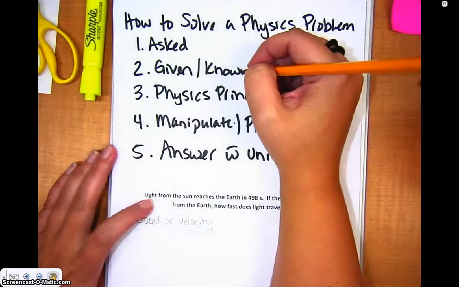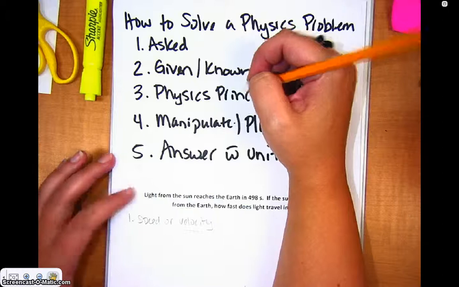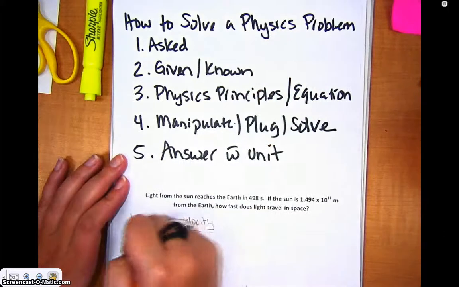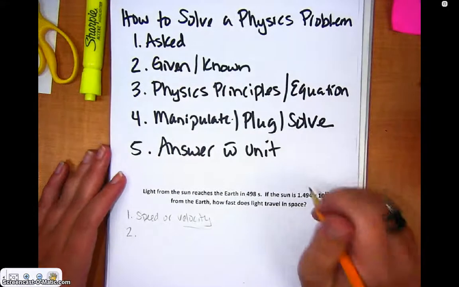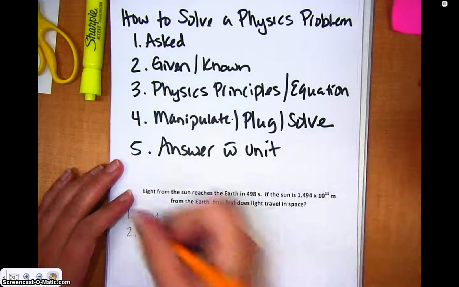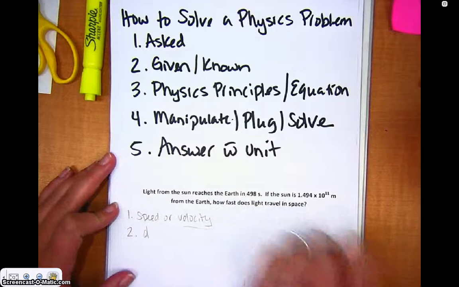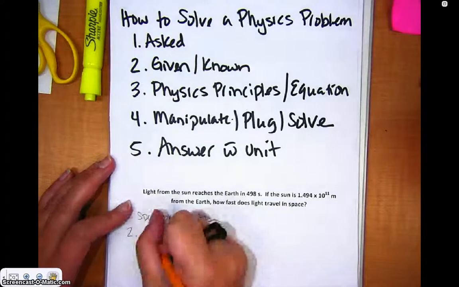So number 2 says, what things are given or known? Some of the variables that are given to us in the problem are the distance, or displacement, between the sun and the earth. We'll just call that d.